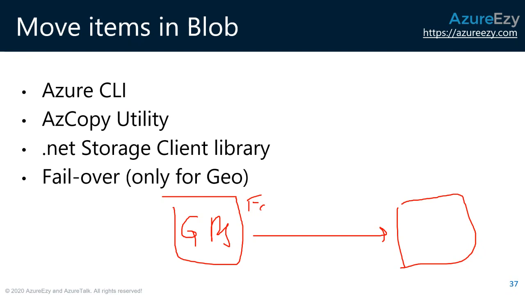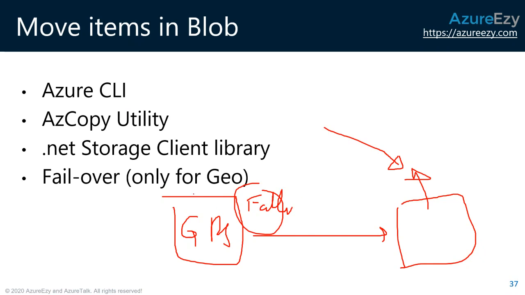You have the option of failing it over because you do not have access to these files. So you can fail over, and now you would have this endpoint to utilize in your application. Let's suppose this region is down or something's happened, so you can fail it over manually.